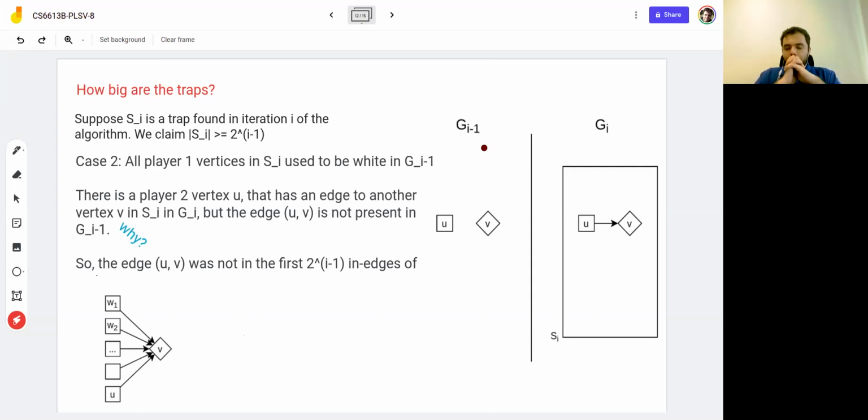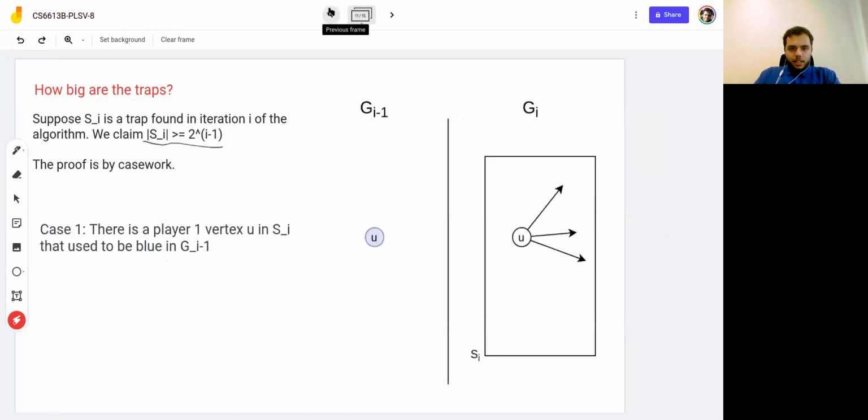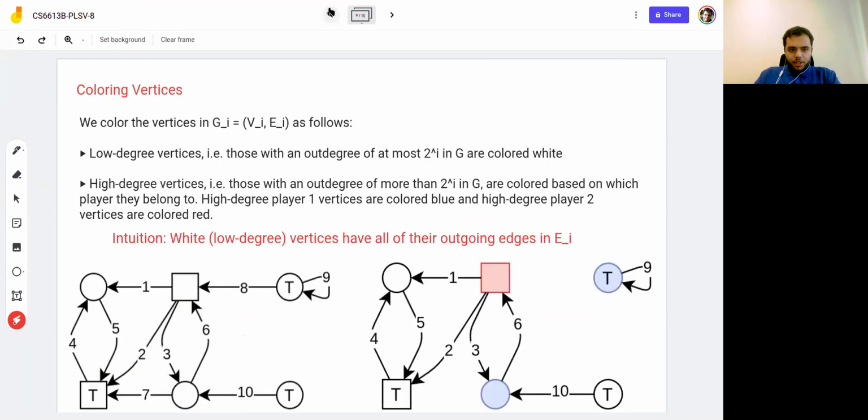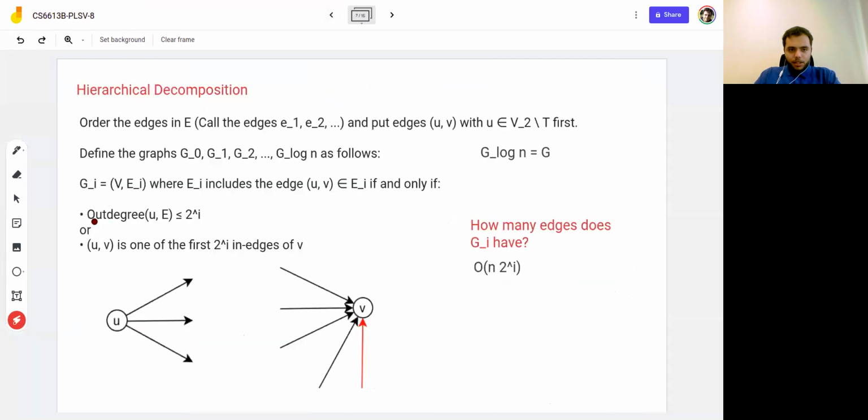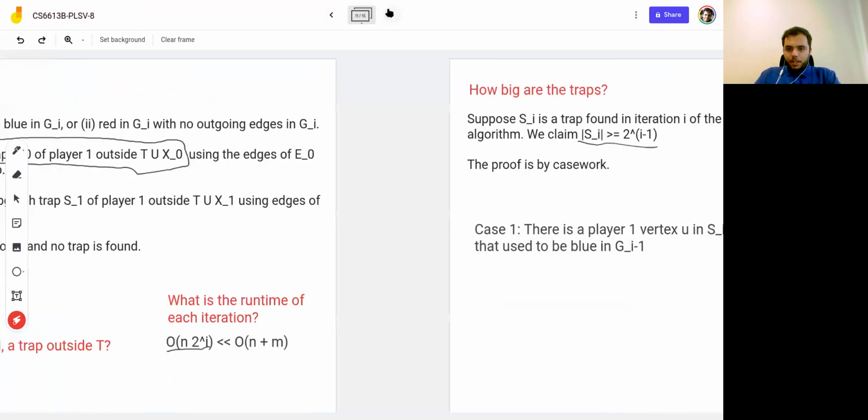So let's look at the definition of the graph G_{i-1}, from the point of view of the vertex v. We said that the first 2^{i-1} in-edges of v should be in G_{i-1}. This is just the definition of G_{i-1}.